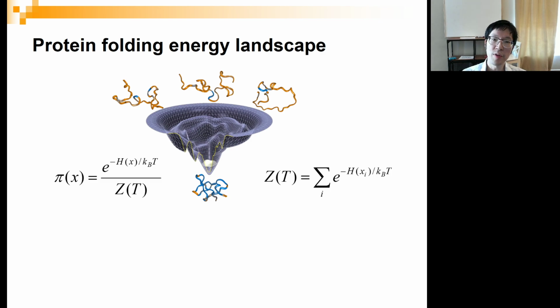But conceptually, we can think of conformations at high energy, for example those up near the top here, which have much higher energy, as unfolded states or incorrectly folded states.